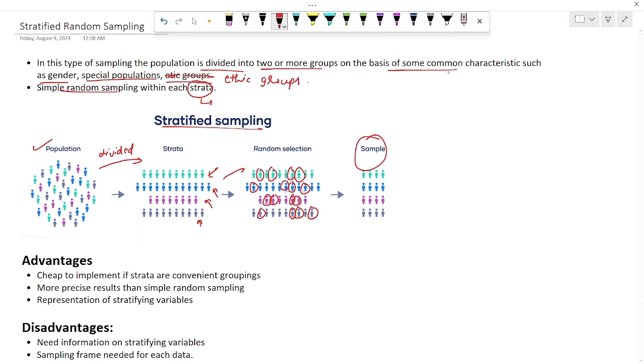in a market research on product preferences, a company wants to understand the product preferences of its customers across different age groups.